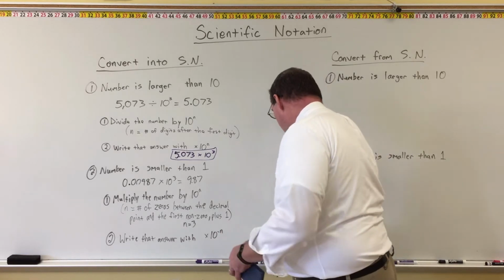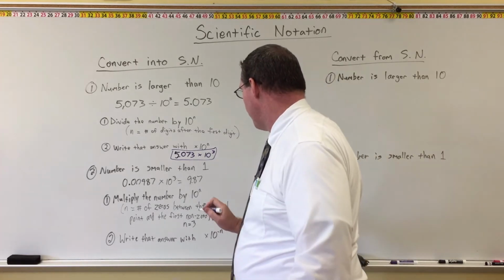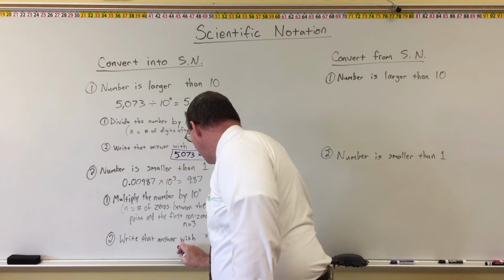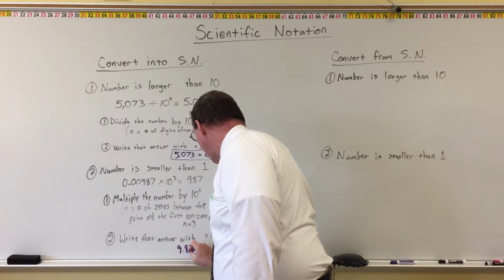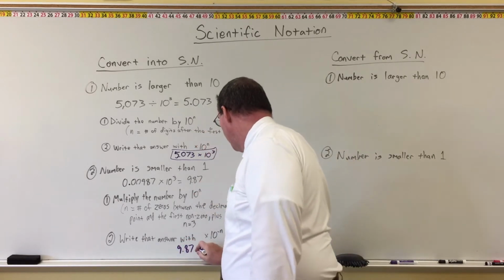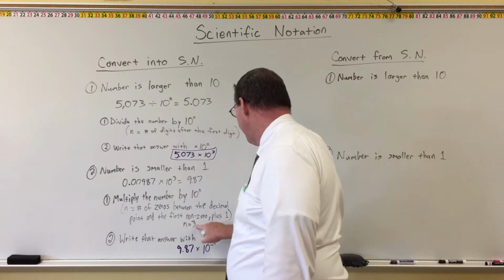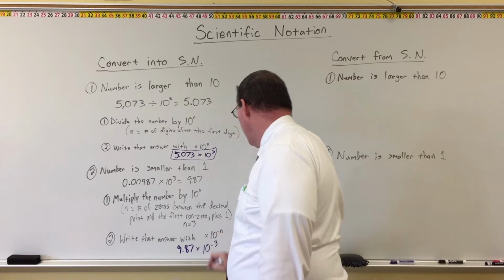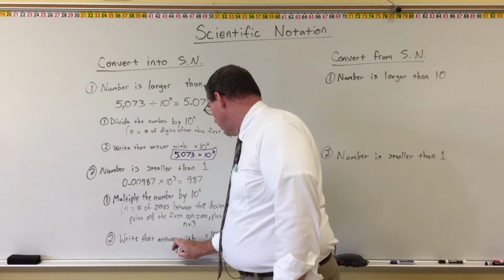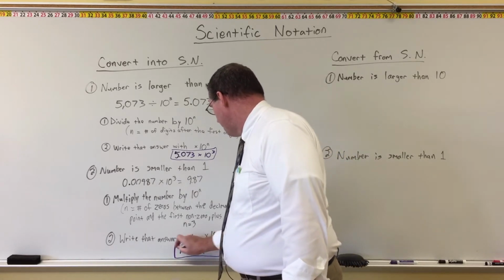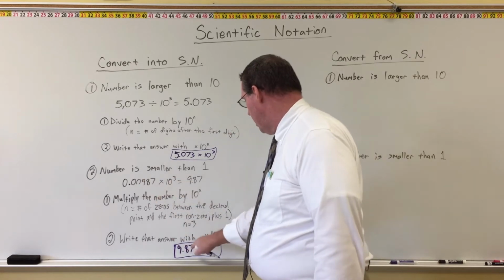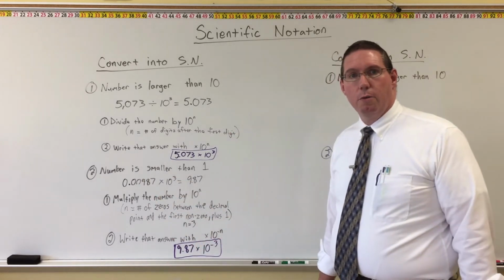And so, I am going to write, for my answer here, 9.87, that's what I got in step 1, times 10 to the negative, and n was 3, therefore 10 to the negative 3. And this is that number in scientific notation.